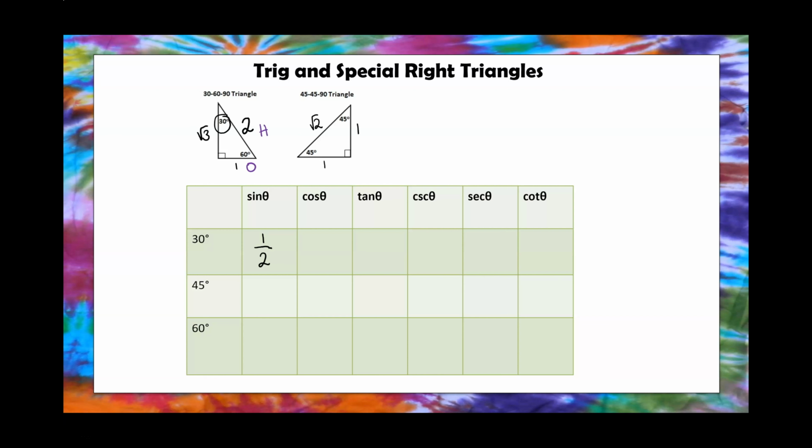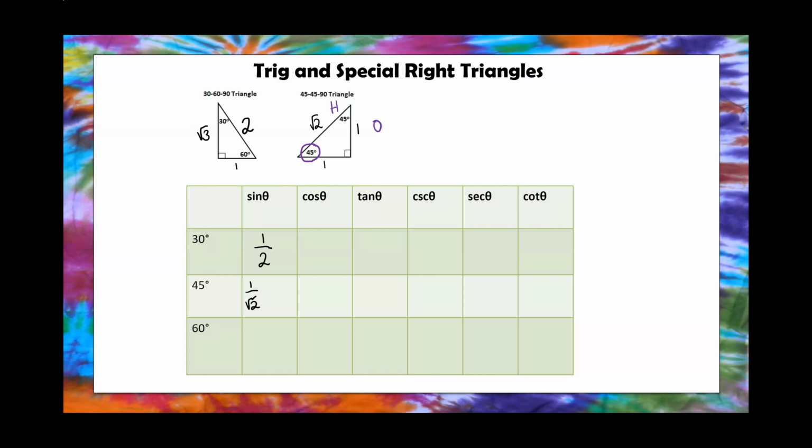All right, next thing is let's go ahead and do sine of 45. Well, sine of 45, now we have to go over here. Sine of 45 is opposite over hypotenuse, and in this case, we're going to have 1 divided by root 2. Well, what is 1 divided by root 2?